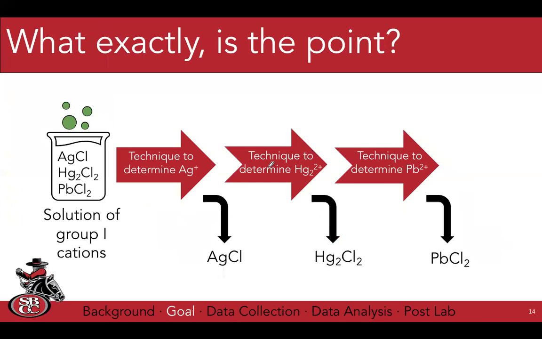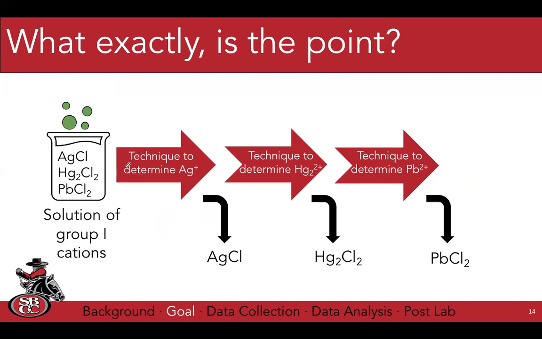So today's experiment is saying, what if we have a collection of group 1 cations, that's silver, mercury 1, and lead 2, and we want to find out, is it silver, mercury, lead, or some combination thereof? Remember, often we're dealing with complex mixtures that involve more than one cation, and that will be the case this week.